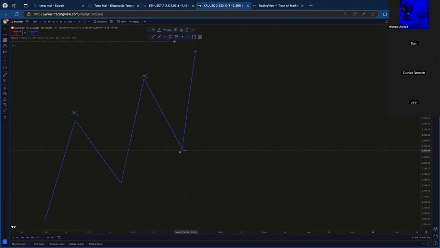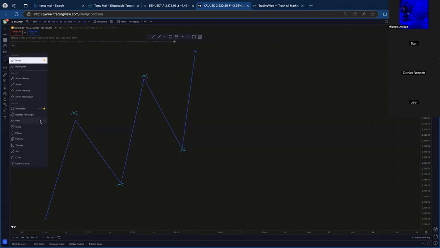Just keep noting these things down. I'm still sending the recording, but just note these things down. Swing high, swing low, right? Now, this is the swing structure. The general structure is the swing structure.